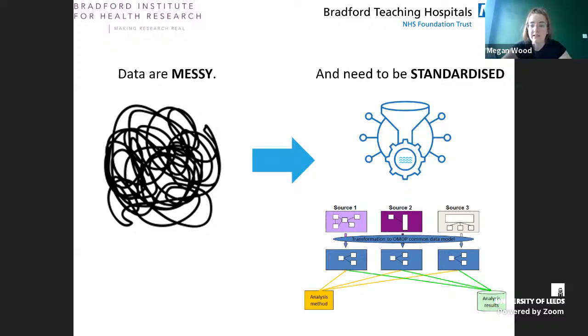So to link the various data sets, it's vital that we standardise each of these, and we use the Observational Medical Outcomes Partnership, or OMOP, and their common data model as a standard to comply to. Using OMOP's CDM transforms data sets into a common format. So they have shared terminology, vocabularies, and coding schemes.